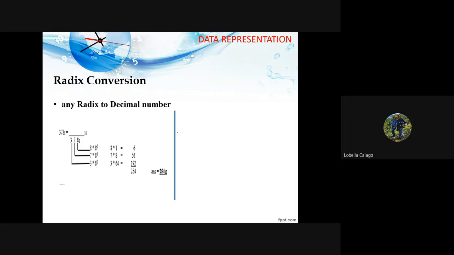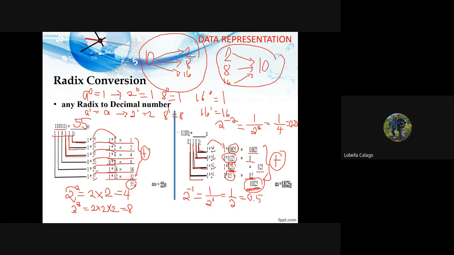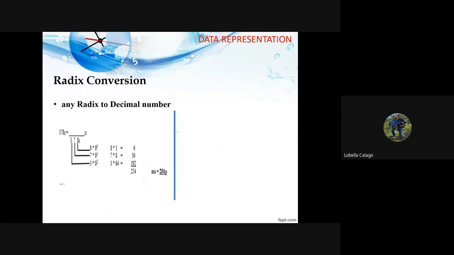So nakikita nyo, di ba yung sa una, in-multiply niya sa 2 because the given is base 2. Ngayon dito, multiply it sa 8 because your given is base 8. Pero the same pa rin ang procedure. Pag whole number, you start the 0 to ilang exponent.